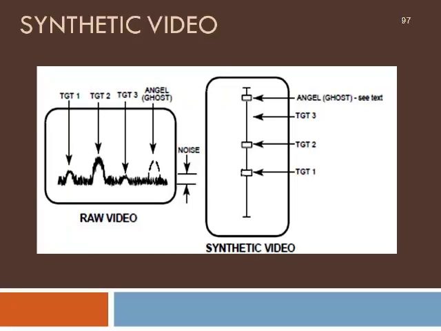One is the raw video output, wherein an operator can only decipher that there are 3 targets at 3 different locations and the 4th one is a ghost, and the signal is projected above the noise floor of the receiver. In the other display, that is by synthetic video, because of the use of a computer, the noise is completely removed and the three different targets are identified separately with the fourth one as the ghost.